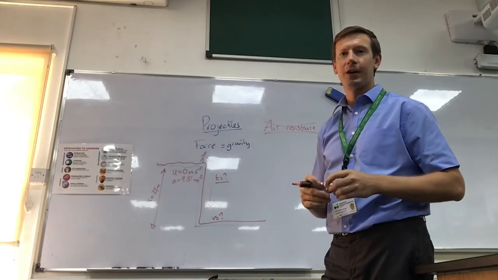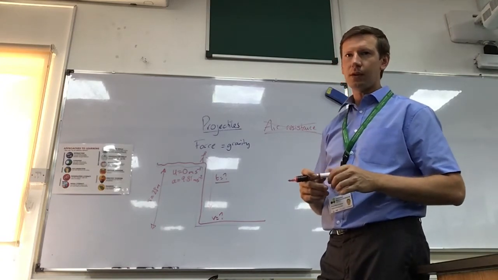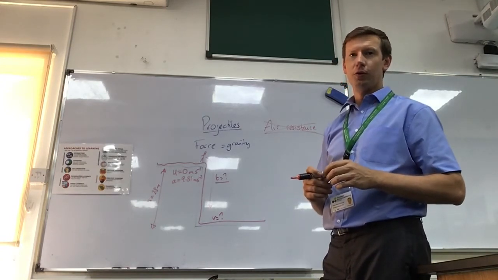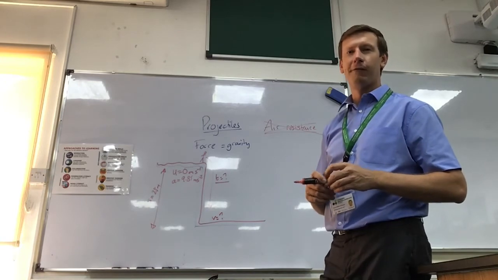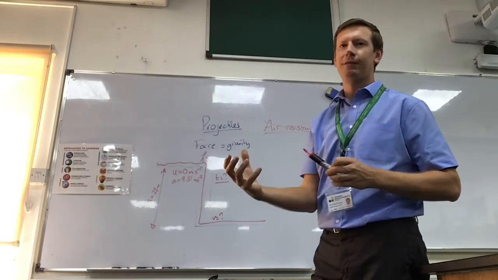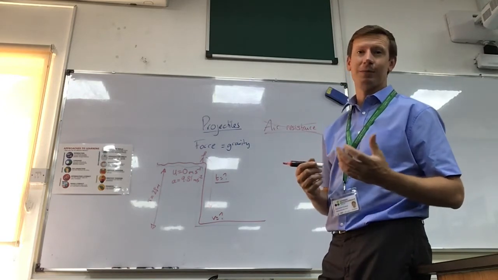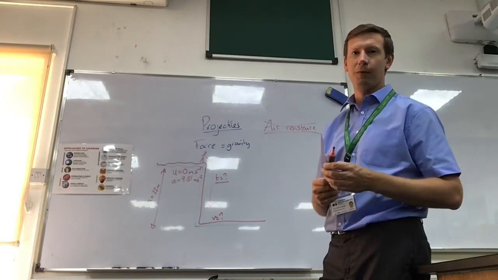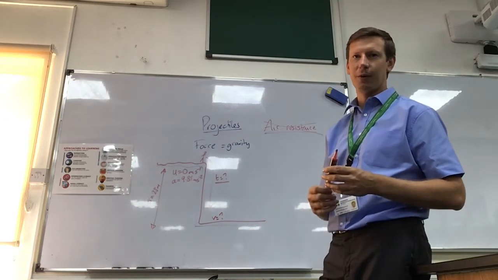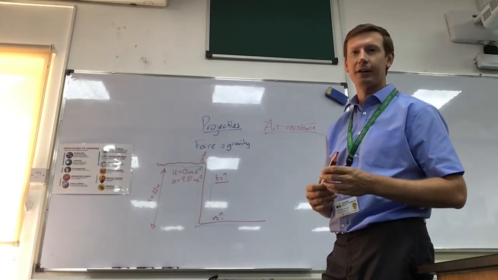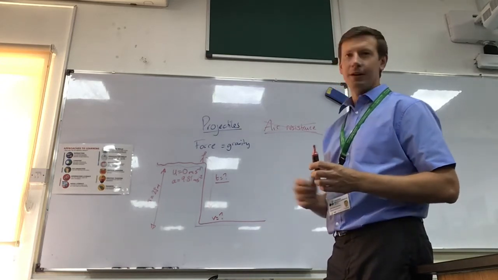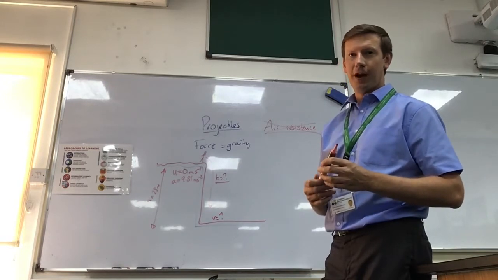Sometimes at the end of those IB questions, they will ask you to consider the difference from your calculated value if air resistance was included. So you're just basically going to be saying something like, it's going to reach terminal velocity, or it's going to go slower so it won't go as far. Something like that. So that's all you have to do for air resistance.